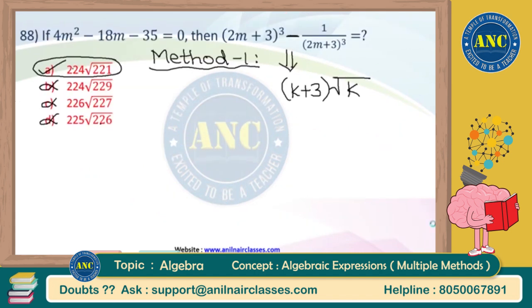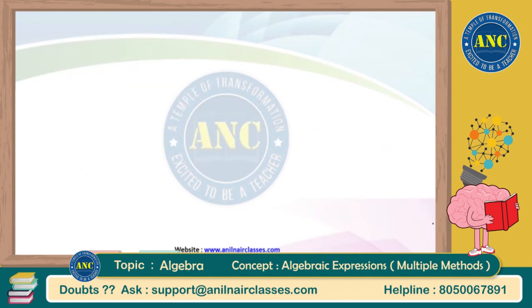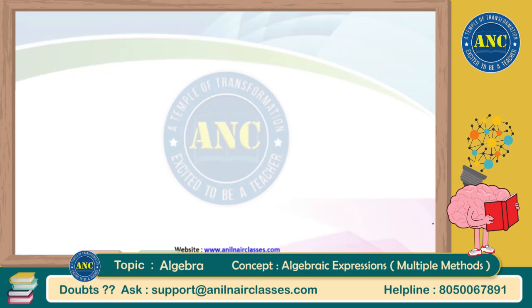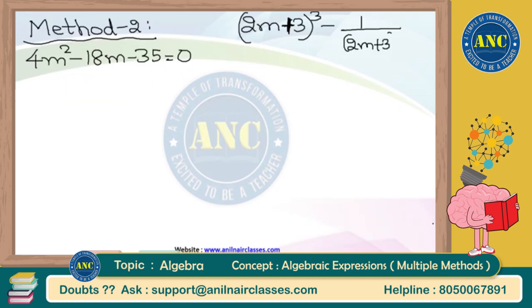If you are a little smart, you will not even need to find the value of x cube minus 1 by x cube. Everything I have written has gone somewhere. Anyway, you can rewind the video if you want to.